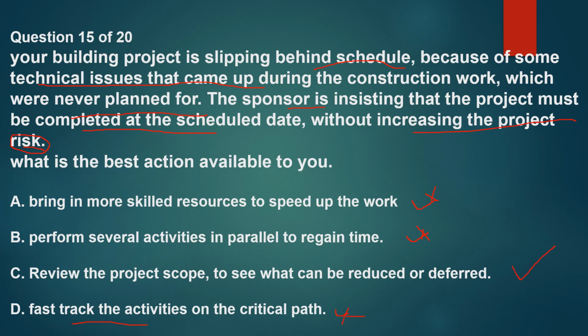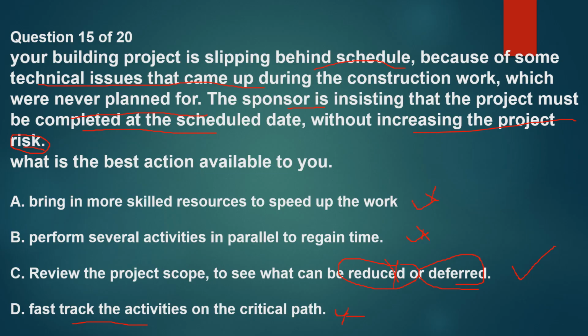This looks more like it, because you are now going back to the project to check if there are certain things you've added that can be reviewed to see what can be reduced or deferred. When you go through it, that will give you a better option. You must have done your analysis, and if certain things are not really necessary, you can remove them or defer them for a better time.